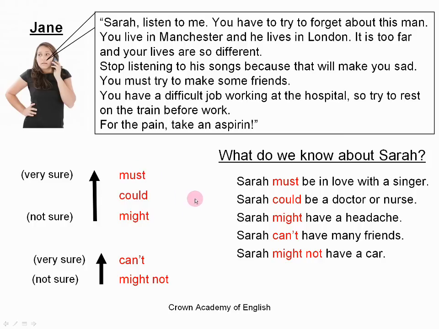Okay? So here, Sarah must be in love. We are certain. We know she is in love with the singer, so we say must be. But here, we are not sure at all if she has a headache, so we say might.